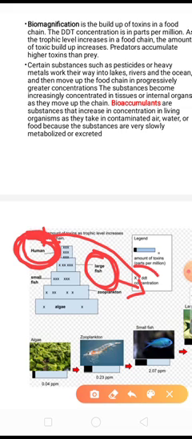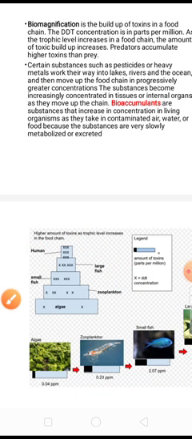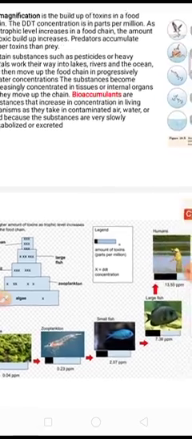So continuous use of DDT should not be there. If we continuously use it, then some time if we consume the fish, that may enter our body too.